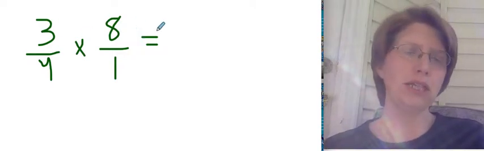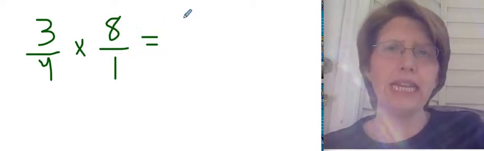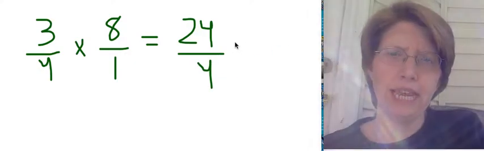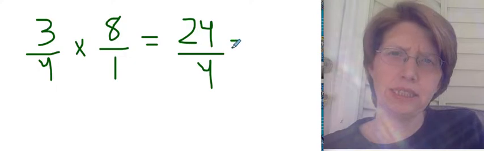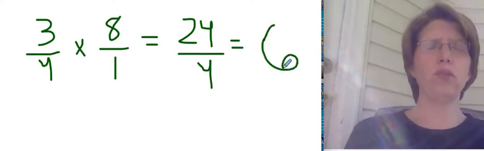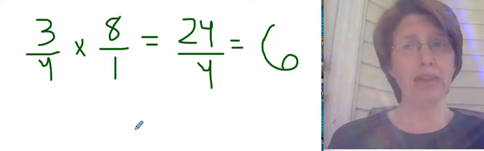I'm going to multiply straight across. 3 times 8 is 24 over 4, which is the same as 6. 4 goes into 24 6 times.